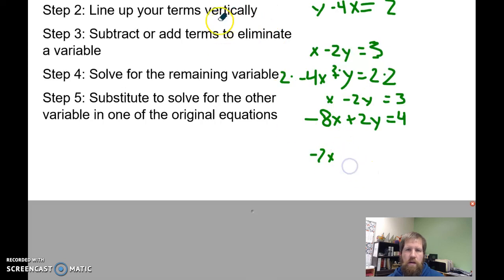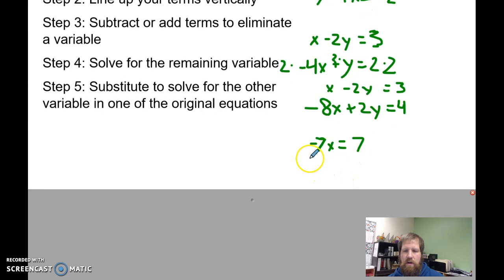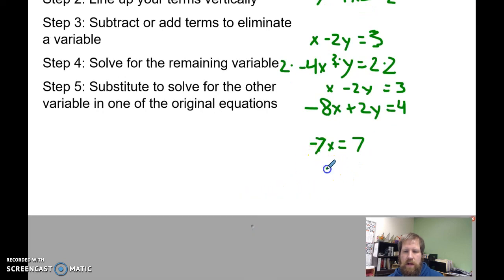Negative 2y plus 2y is going to be 0, so I'm just going to leave that off. That's my eliminated term. And then 3 plus 4 is 7. This is kind of a weird looking 7. So I've got negative 7x equals 7. I'm going to skip the step and just say, hopefully we can all see that x is going to be equal to negative 1.